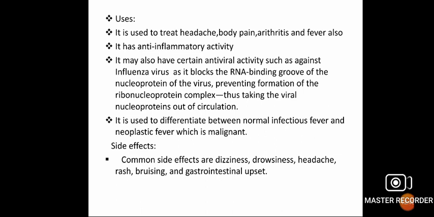Coming to the uses of naproxen, it is used to treat headache, body pain, arthritis, and fever. It has anti-inflammatory activity. It may also have certain antiviral activity, such as against the influenza virus, as it blocks the RNA binding groove of the nucleoprotein of the virus and thus prevents the formation of the ribonucleoprotein complex, and thus takes the viral nucleoprotein out of circulation in order to avoid further infection of the host cell.